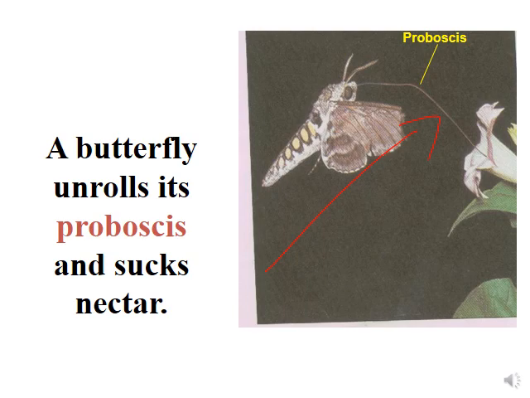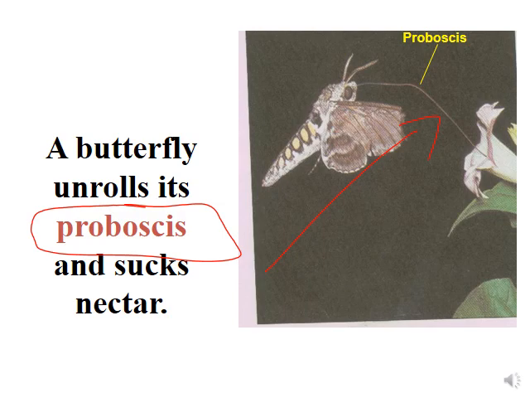So the tool here for the butterfly is the proboscis, and you have to pay attention to this. Proboscis is a mouth part, and it can be elongated so that it can suck the nectar.